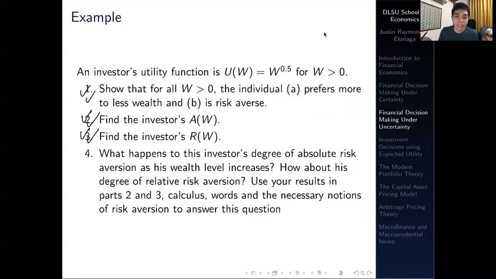And we want to see what we showed in the table in the last slide: if I increase wealth, what would happen? Would the investor become more risk averse or less risk averse? And what would be the implication, based on the interpretations we've seen in the previous slide? So let's start with that. Let's answer one first.